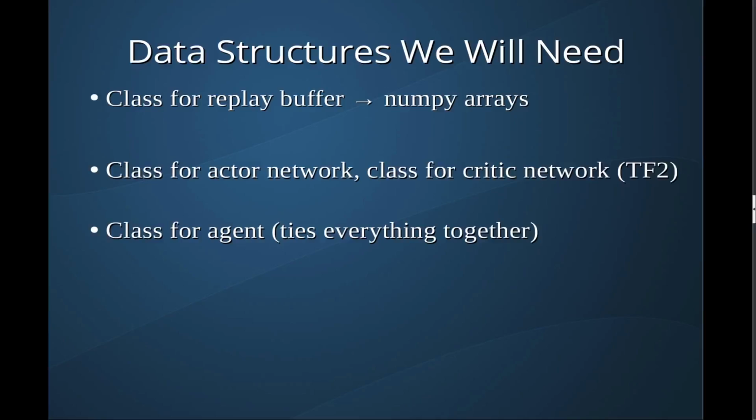It will also have a function for choosing actions based on the current state of the environment, and that will involve passing a state through the actor network, getting the output and adding in some Gaussian noise. It will also have functionality to learn from the memories it has sampled, and it will also have functionality for checkpointing models because this can take quite a while to train for complex environments.